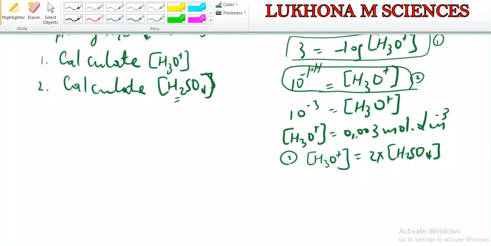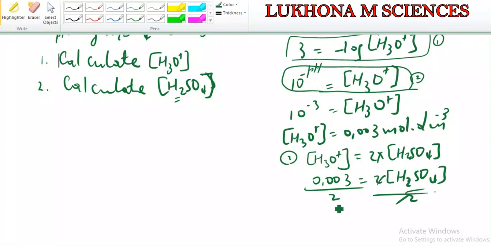The concentration of hydronium ion is 0.03, which is equal to 2 times the concentration of sulfuric acid. Then we divide both sides by 2, and we get the concentration of sulfuric acid as 0.015 mole per dm cube. The question is answered.